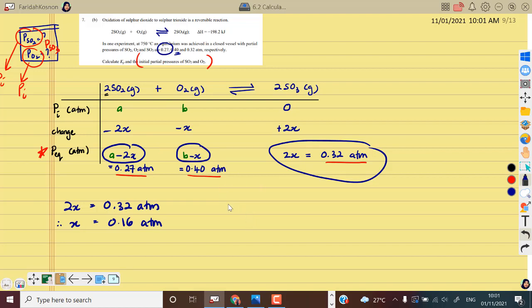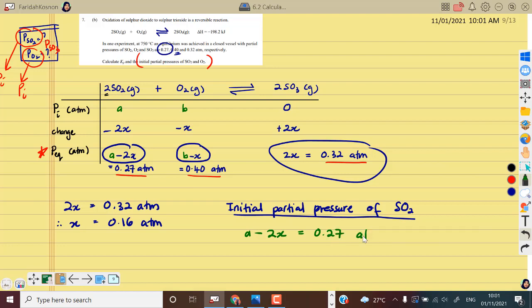Okey, jadi sekarang kita nak kira initial partial pressure of sulfur dioxide. So macam mana kita nak kira? Jadi kat situ kalau you nampak A minus 2x sama dengan 0.27 atm. So x ni tadi kita dah tahu. Jadi awak selesaikan A minus 2 times 0.16 sama dengan 0.27.